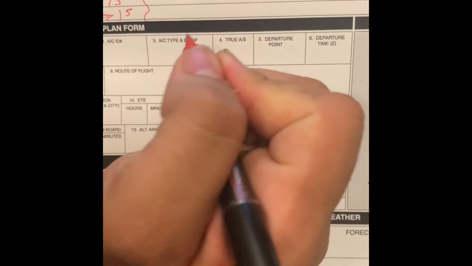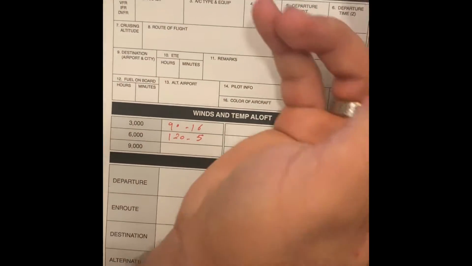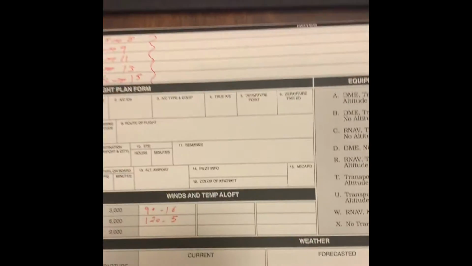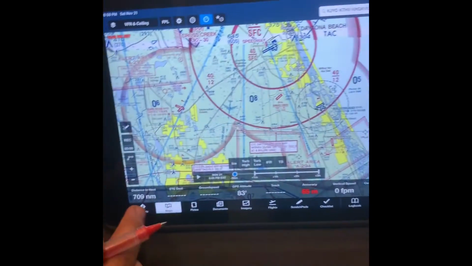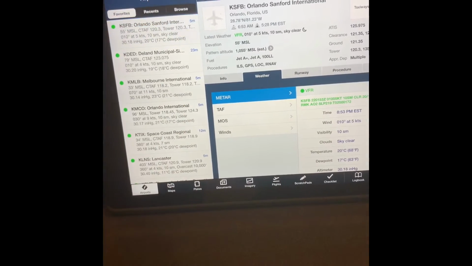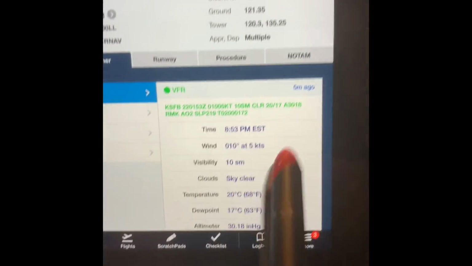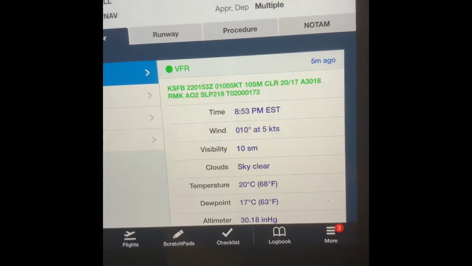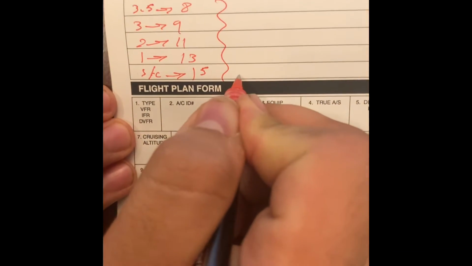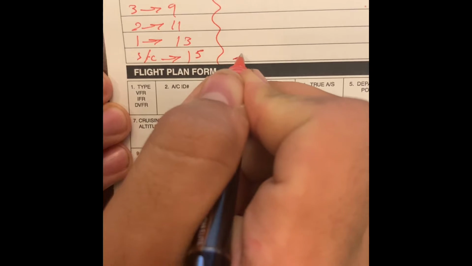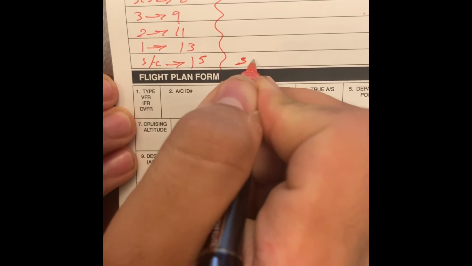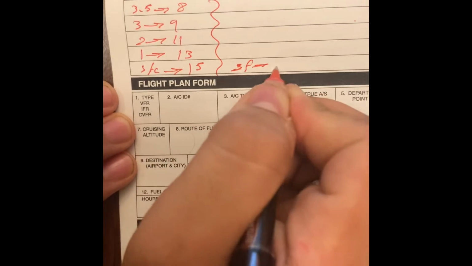Now we want to interpolate the temperature from Sanford Airport. So we're gonna go to Sanford Airport, and here the temperature is 20 on the surface.